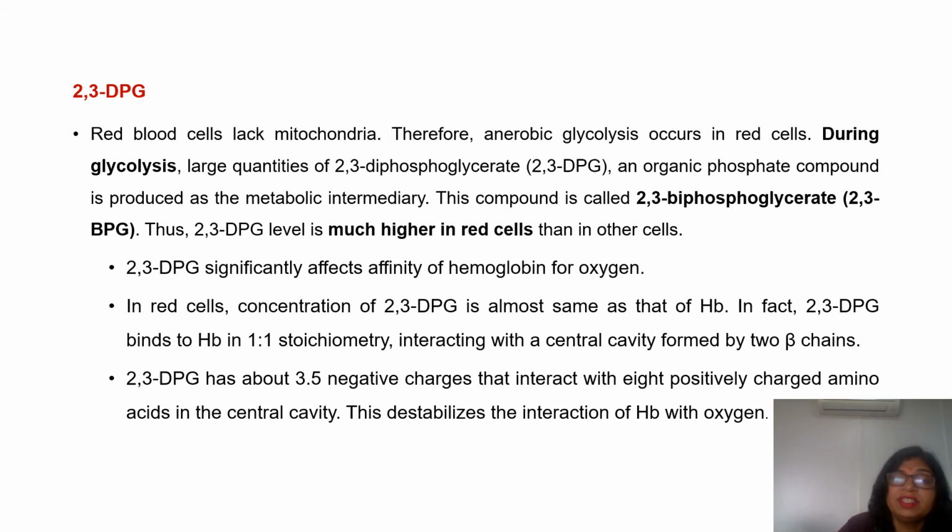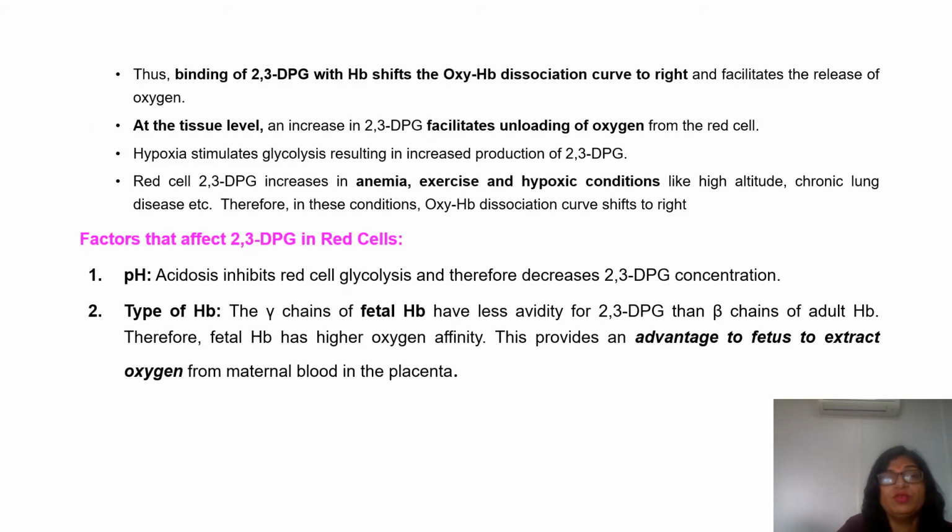So this will destabilize the interaction of hemoglobin with oxygen. So binding of 2,3-DPG with hemoglobin shifts the oxyhemoglobin dissociation curve to the right and facilitates the release of oxygen. At the tissue level, an increase in 2,3-DPG facilitates unloading of oxygen from the red cells.